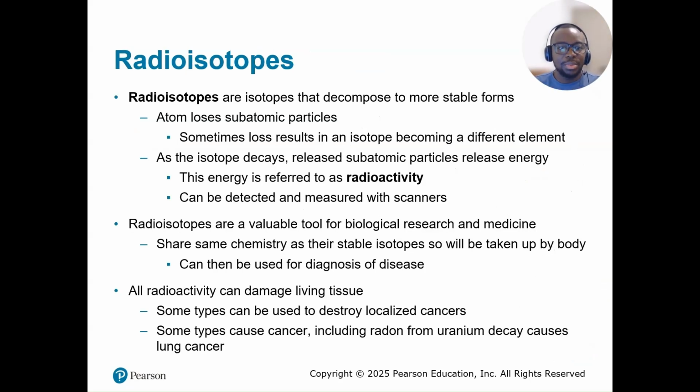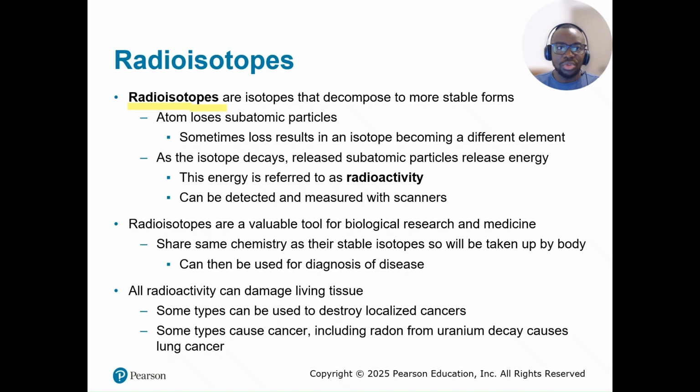Some isotopes are referred to as radioisotopes. Radioisotopes are unstable forms of an isotope because their nuclei contain an excess amount of neutrons. The isotopes are radioactive and release radiation as they decay into more stable isotopes.